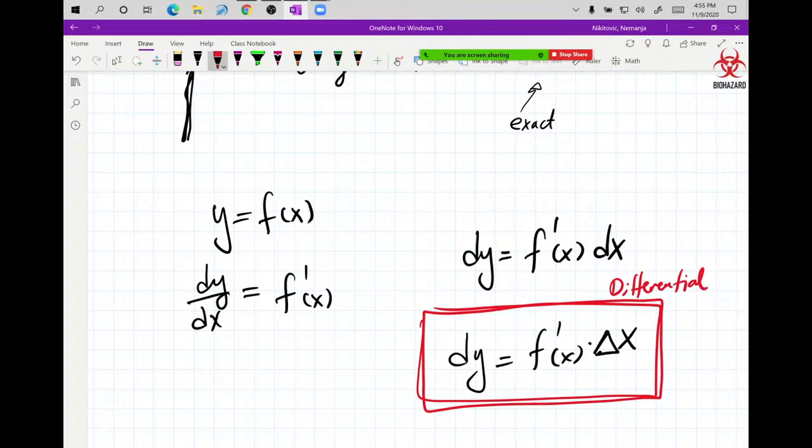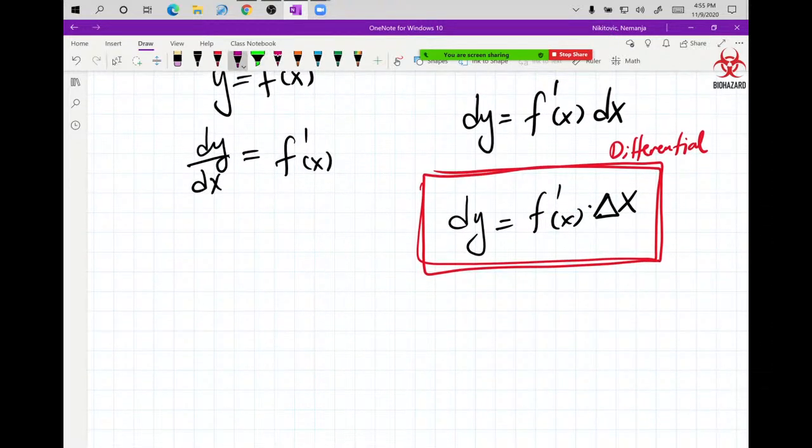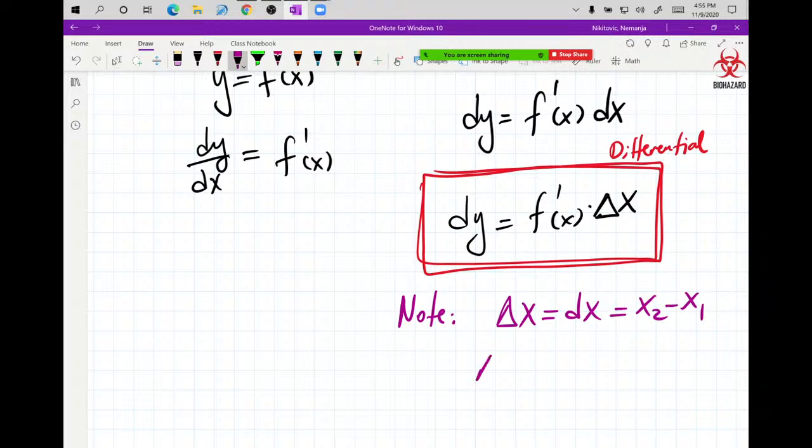Now, there are certain things that you need to note. Delta x is the same as dx, and that's x2 minus x1. Delta y is not the same as dy, which is y2 minus y1.